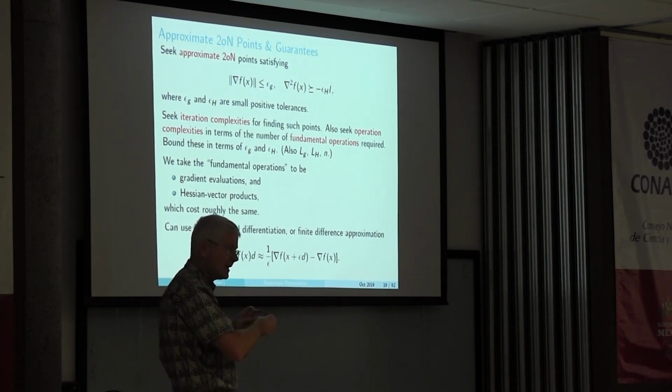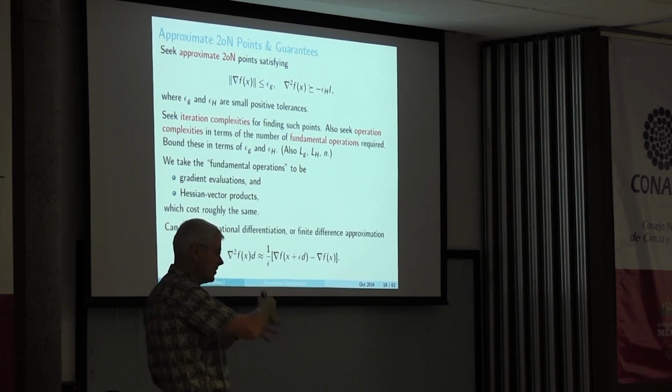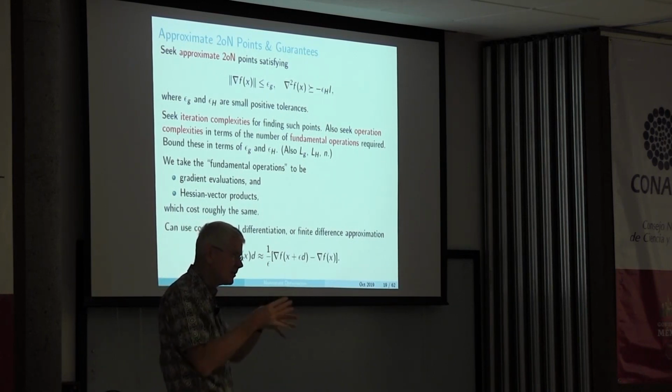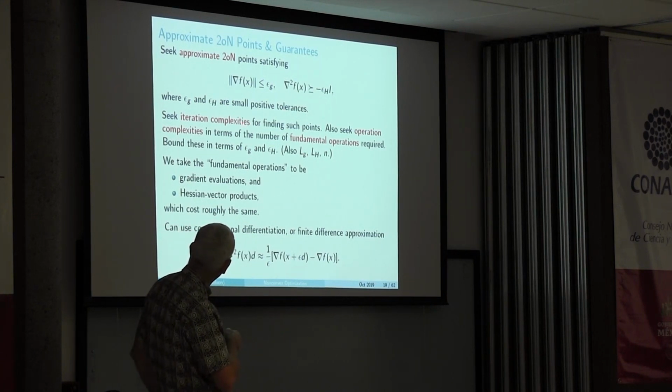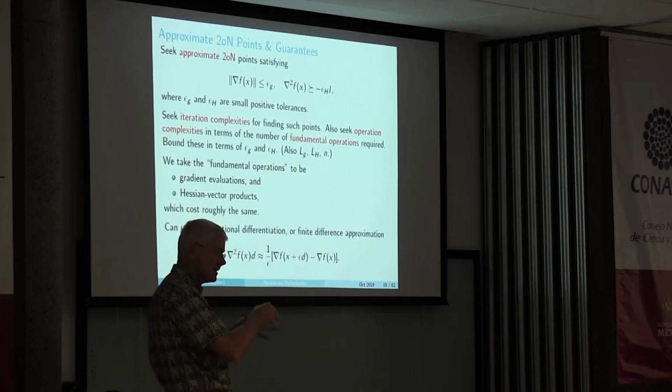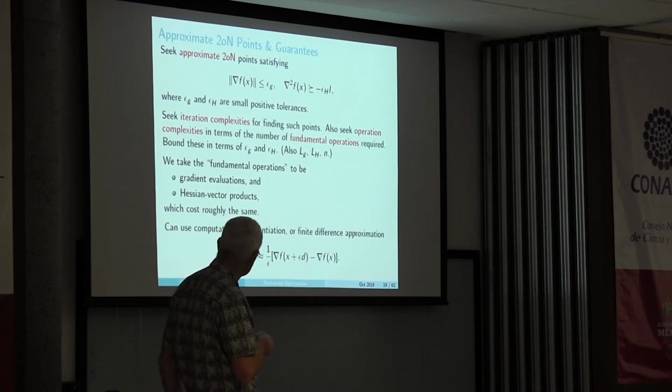But other algorithms like cubic regularization, you have to evaluate a Hessian, you have to solve a difficult cubic optimization problem, you have to do a lot more work, right? And so we're also interested in measuring what we call operation complexity, which is basically the amount of work you have to do to achieve this property here. So that's another way to measure complexity.